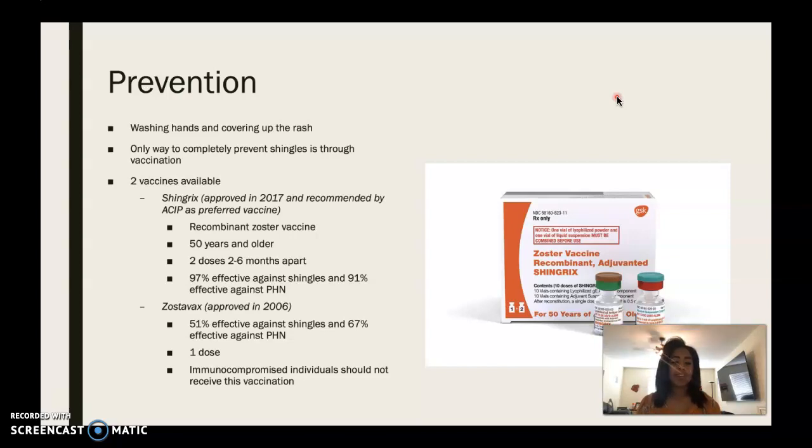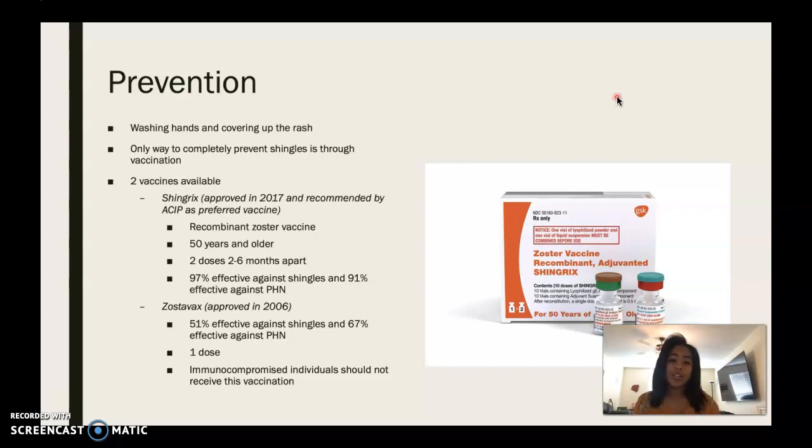The Zostavax vaccine was approved in 2006, and it was used until the Shingrix vaccine was approved in 2017. It is still used now, but only when people have an allergy or something like that to Shingrix, and they cannot have that vaccine. Zostavax is 51% effective against shingles and 67% effective against PHN.